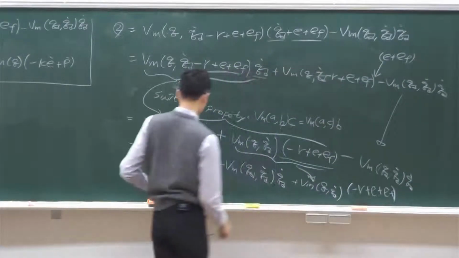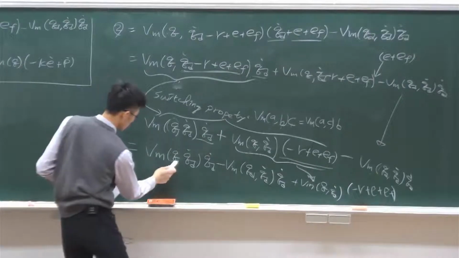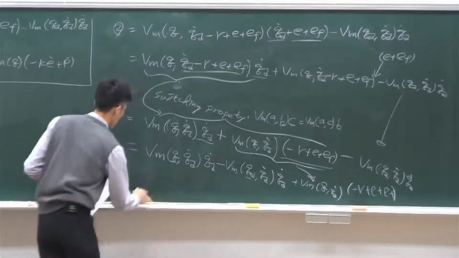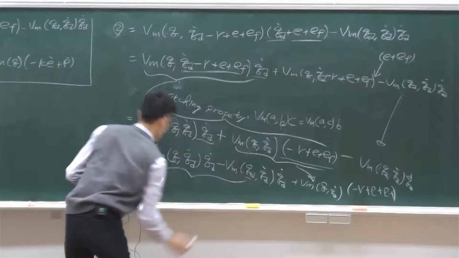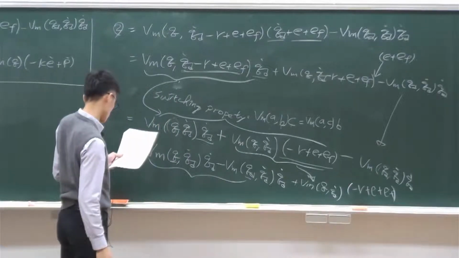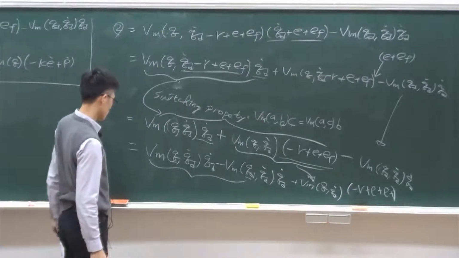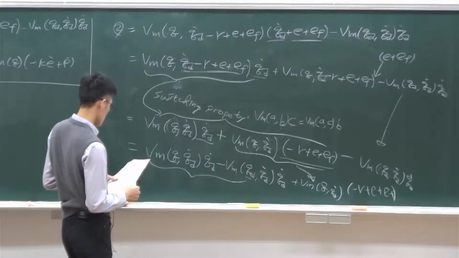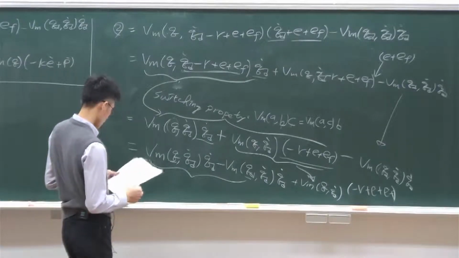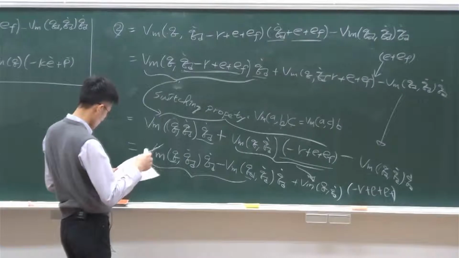So once you put the two terms together, the difference is Q, QD here. You can upper bound this by the property.